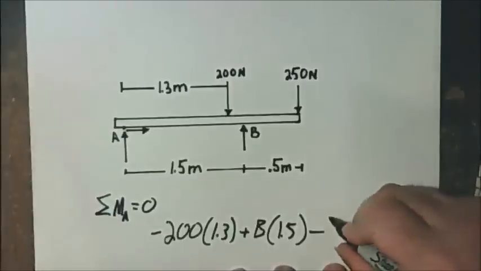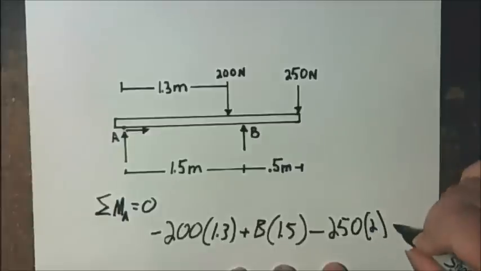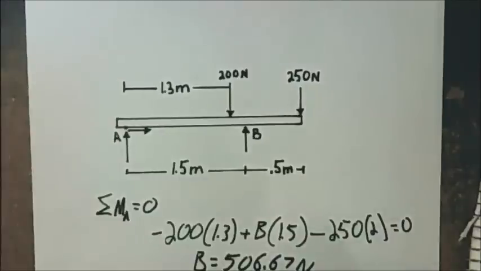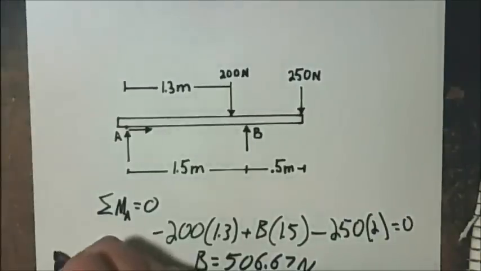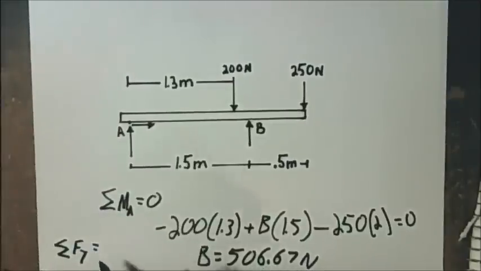It's a negative 250 times 2 meters, and we know this equals 0. And you can come through and work this to see that B ends up being 506.67 newtons. And then from there you can take the sum of the forces in the y direction and find out what the reaction at A is as well.